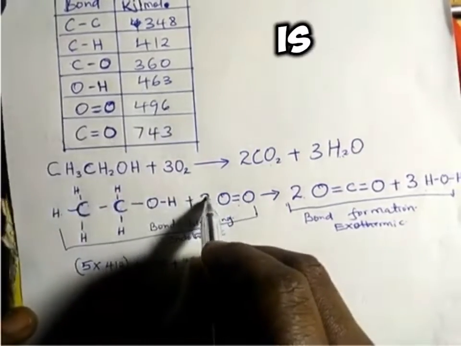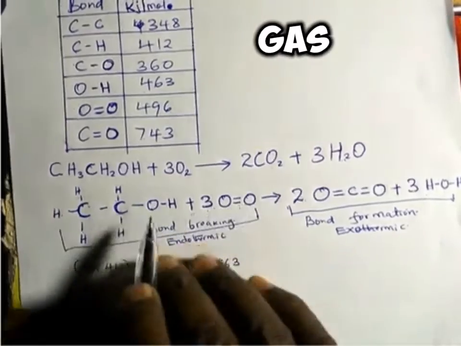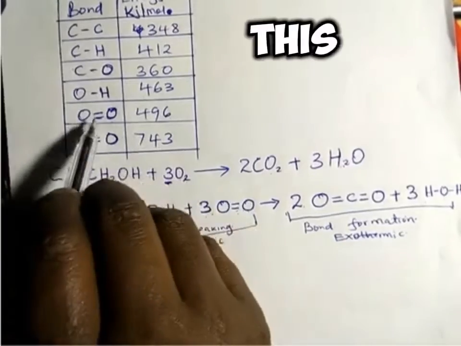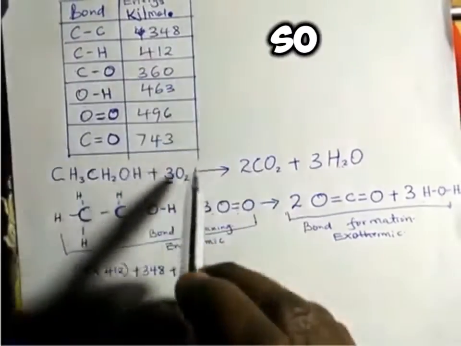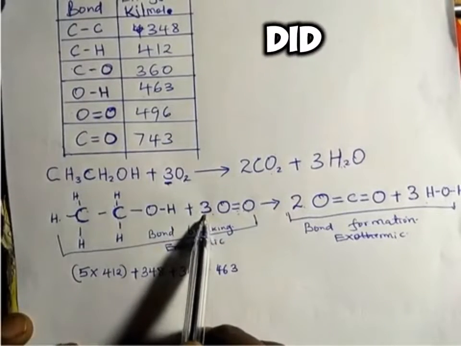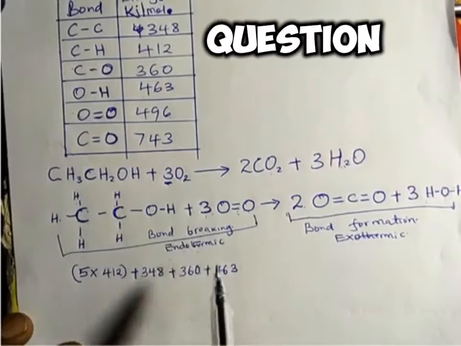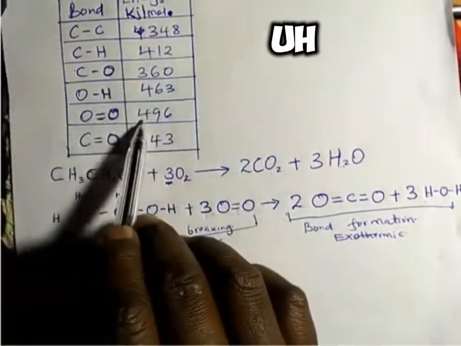So this 3 is very important. These are 3 moles of oxygen gas. This energy here is for 1 mole. That's why it was very important for you to balance the equation. Anybody who did not balance the equation will not score this question. So 1 mole is 496.